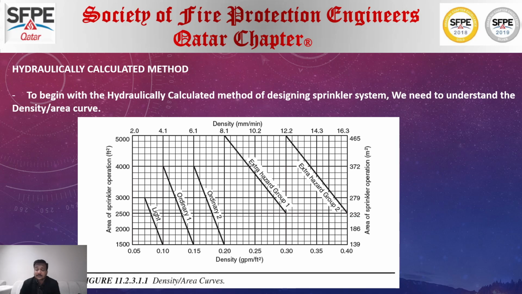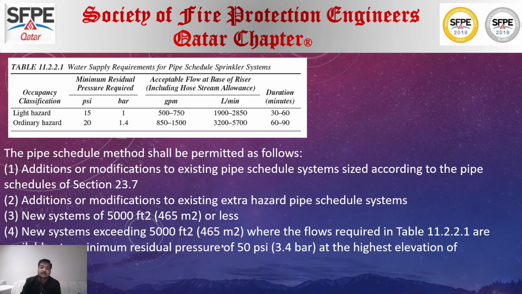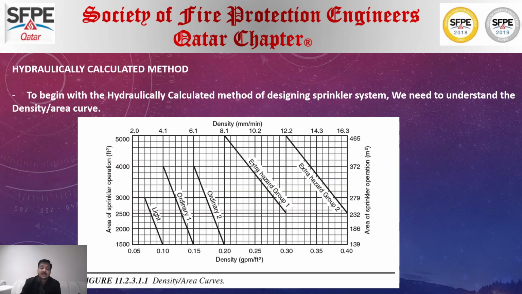Whereas in the pipe schedule method, you have to provide 500 GPM. The same example goes for ordinary hazard also. We have seen just before in this table that the minimum flow rate required at the base of the riser is 850 GPM. Whereas if you design based on ordinary hazard group 1 or 2 classification, again it is similar to light hazard: selecting the area of operation and multiplying by the density at the corresponding line.